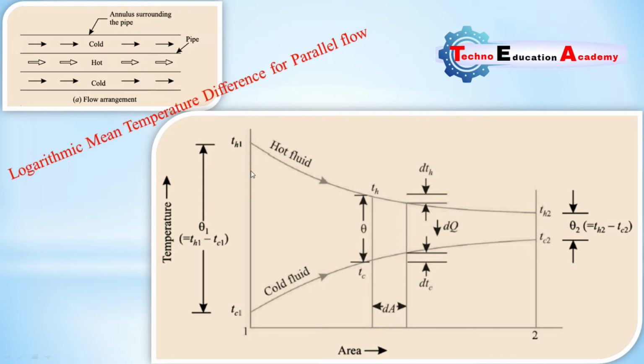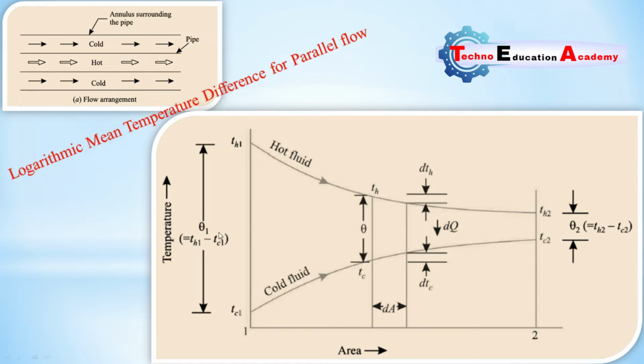Here we consider TH1 and TH2. TH1 is the temperature of the hot fluid at inlet, and TH2 is the temperature of the hot fluid at outlet. For the cold fluid, similarly, TC1 is the temperature of the cold fluid at inlet, and TC2 is the temperature of the cold fluid at outlet.